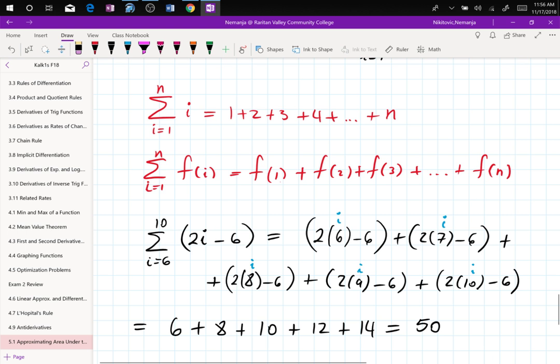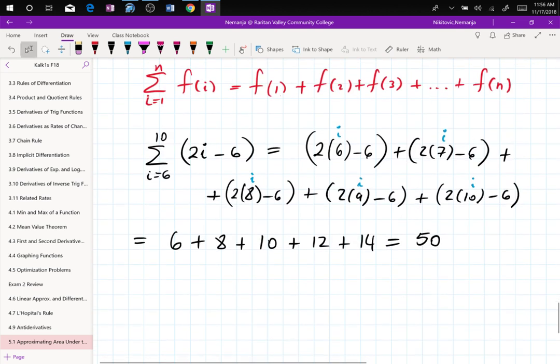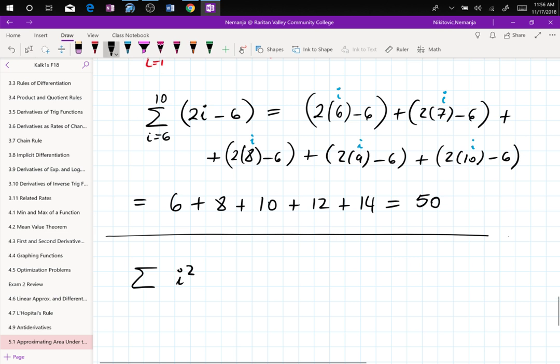Let's work on another one, and then we'll take a short break. Summation of i squared minus 4, where i starts at 3 and ends at 7. Let's see what you come up with.